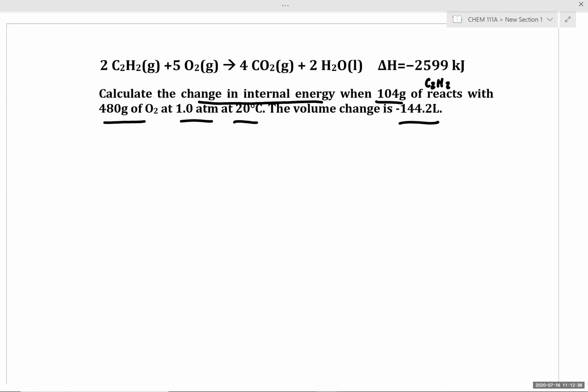Essentially, it's the potential of an object to perform work or release heat.